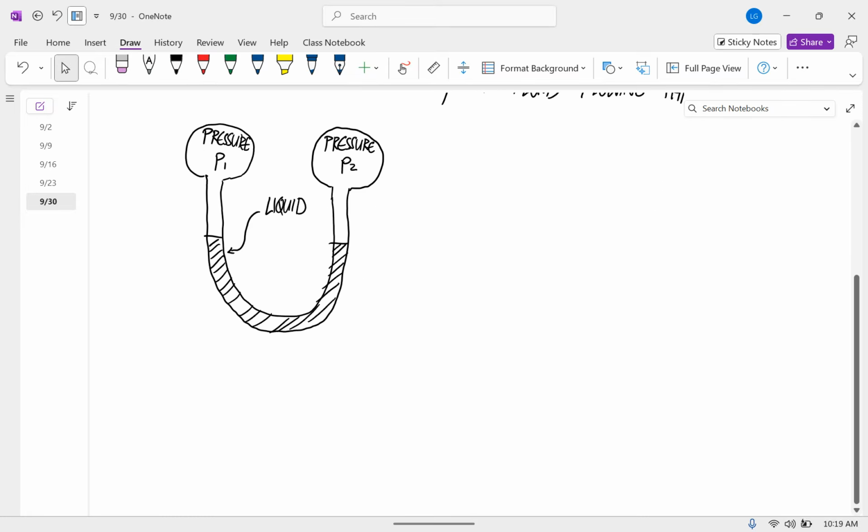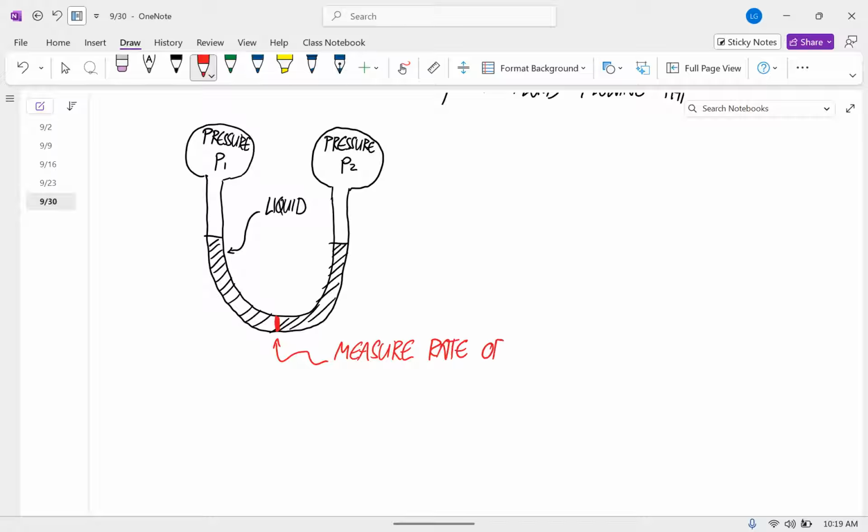And we're measuring, so let's say this is the point where we're taking the measurement. We're measuring the rate of mass flow past this plane, this part of the pipe. Past this point.